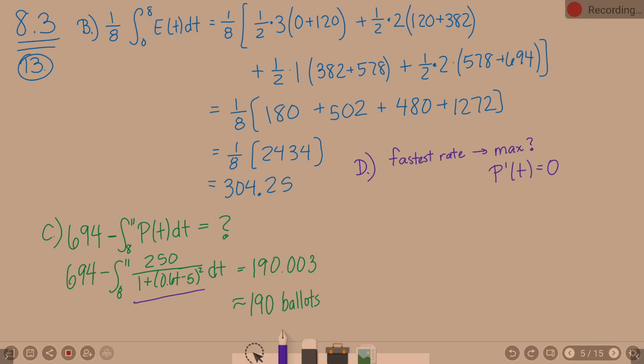This isn't a do it by hand type thing. My suggestion is a graph. I would say graph the derivative and see when it equals 0. So if you graph that, what are we graphing? 250 over 1 plus 0.6x minus 5 quantity squared.